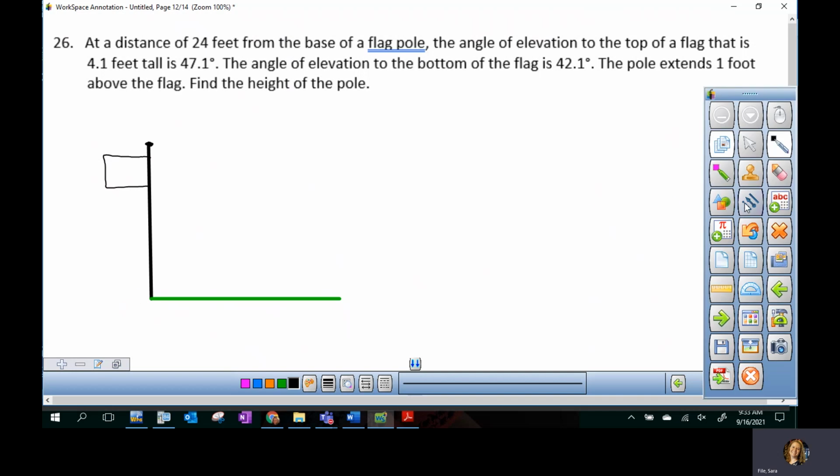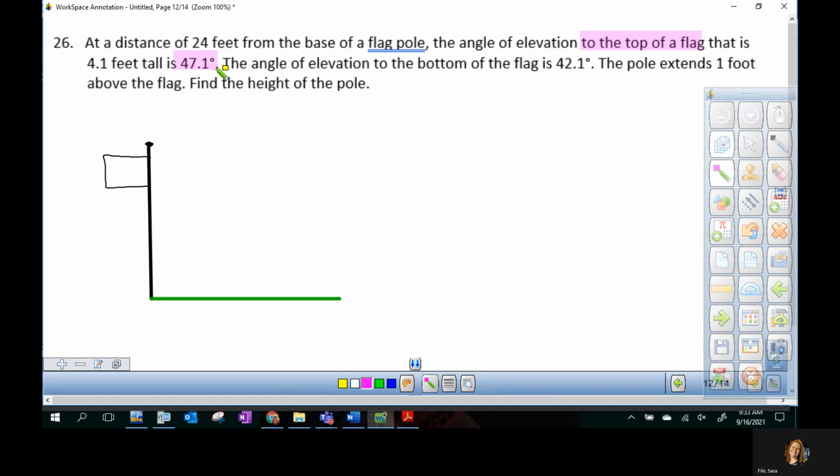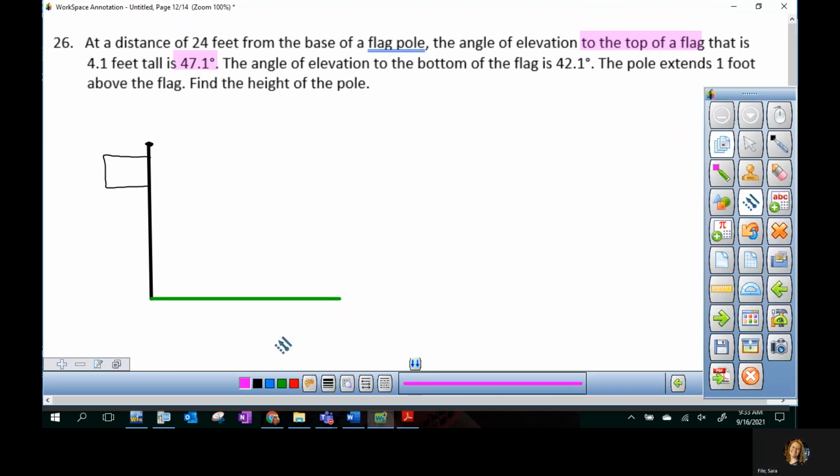Now you have two options because they gave you two pieces of information here. They said that the angle of elevation to the top of the flag is 47.1. So from this point 24 feet away to the top of the flag would be there, right?